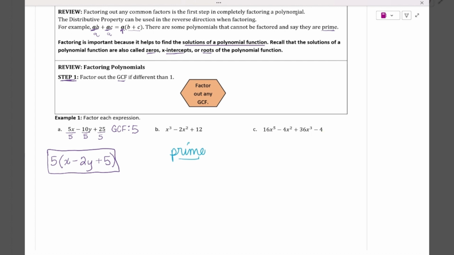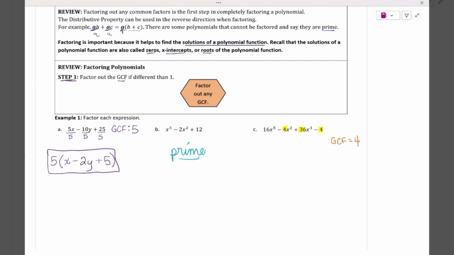Again, let's look at all of our coefficients or our number parts first. 16 in front of x to the fifth, 4, 36, and 4. Now, hopefully you can see that what they have in common is a 4. All of those numbers can evenly be divided by 4.